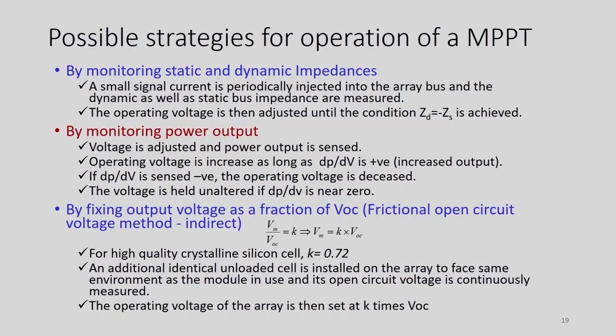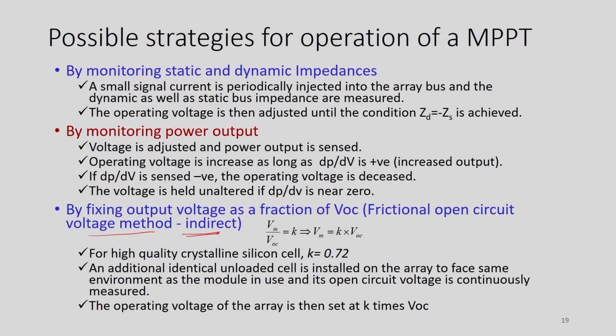Now, what different strategies are adopted for operation of an MPPT? The first one is by monitoring static and dynamic impedances, the second one is by monitoring power output, and the third one is by fixing output voltage as a function of open circuit voltage. This is also known as the fractional open circuit voltage method, and it falls under the indirect method.